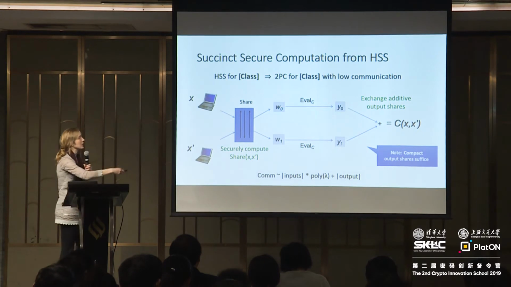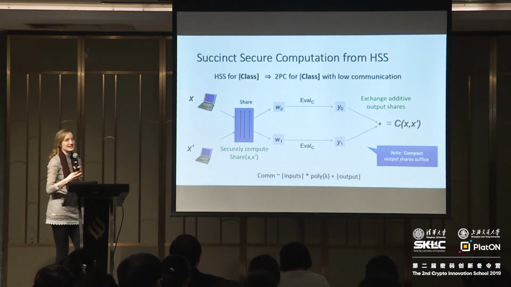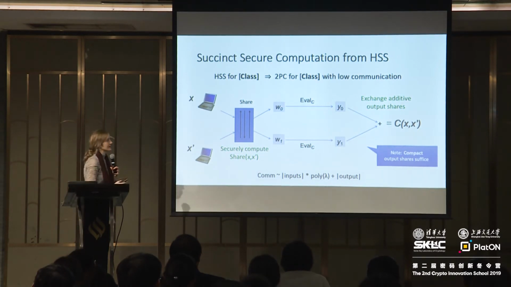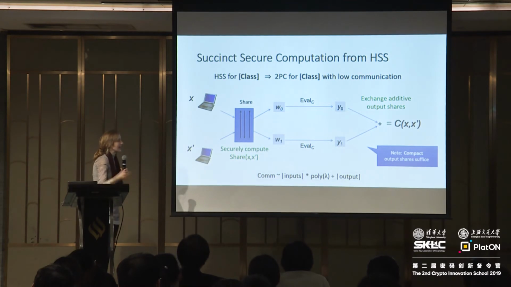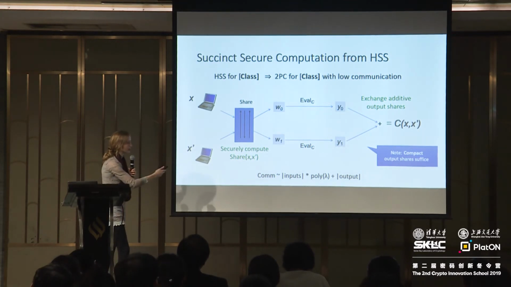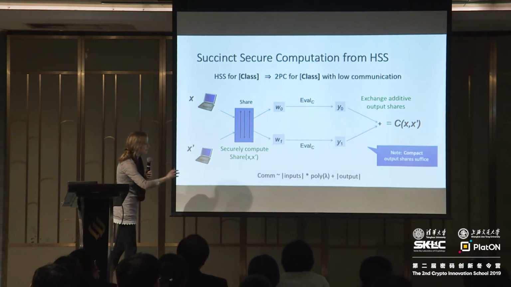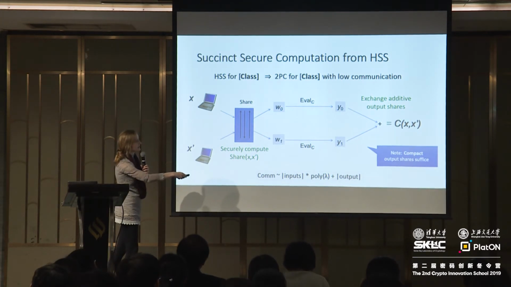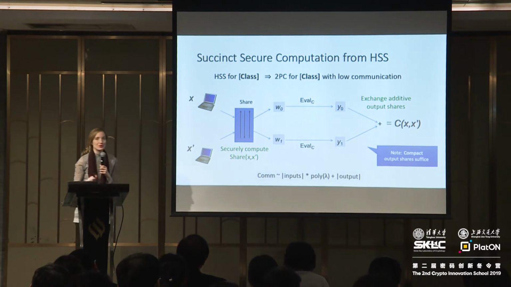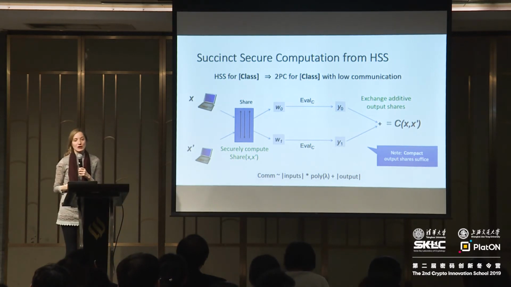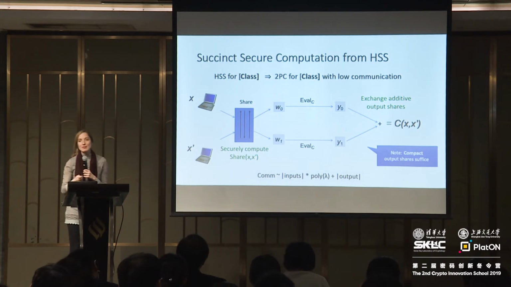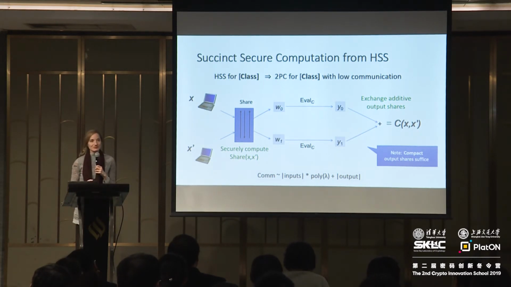This is coming from the cost of the circuit size for the HSS share function, and the overhead of doing the secure computation with that. Plus the additive shares that were exchanged, which are exactly the size of the output. So this gets us back to roughly input plus output size, as we wanted.